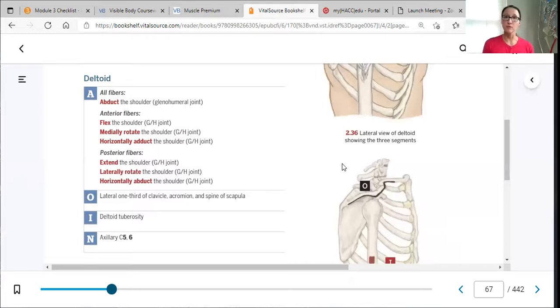The anterior fibers only produce flexion, medial rotation, and horizontal adduction of the shoulder. And the posterior fibers only produce extension, lateral rotation, and horizontal abduction of the shoulder. Okay? All right, you have all the info for deltoid.